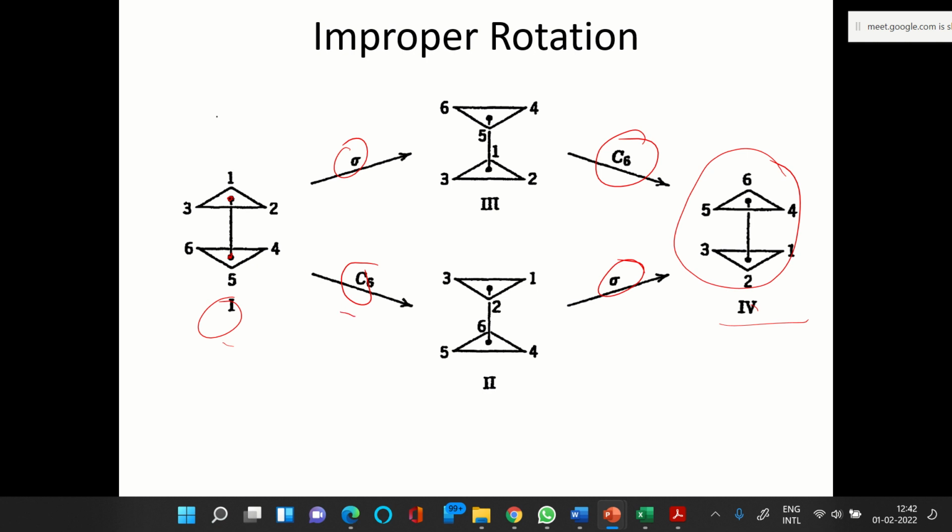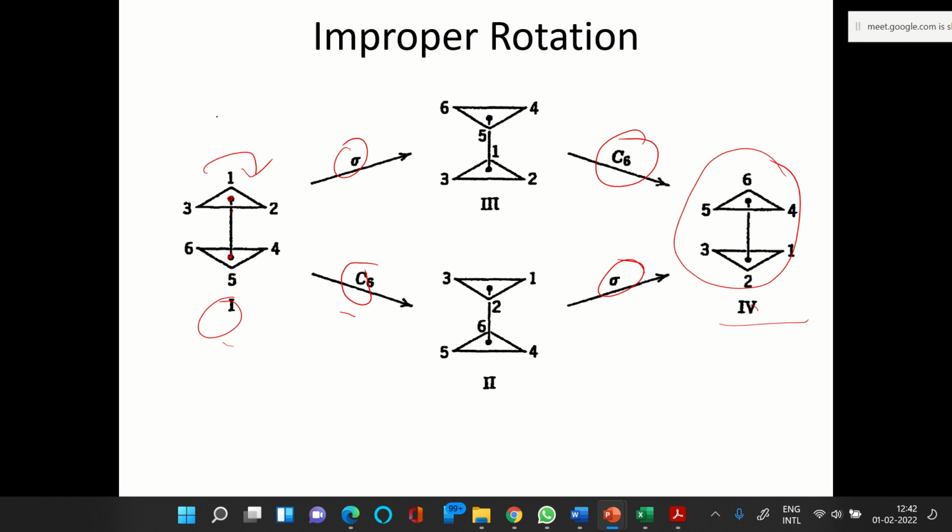So if I perform a clockwise rotation on this, the carbon at the back, a 60 degree rotation, so it will come like this. The points will move to this position. 2 will come here, 60 degree rotation, because this angle is 120 degrees.